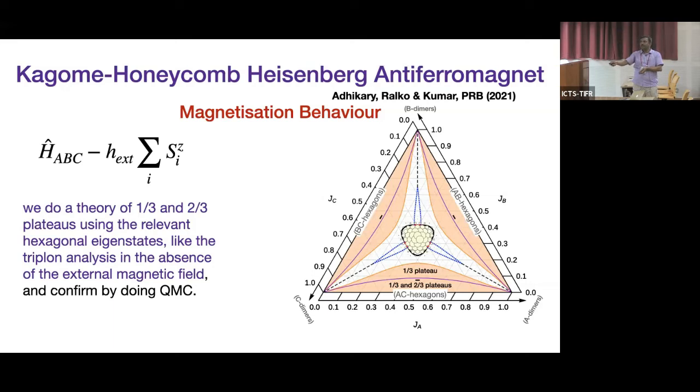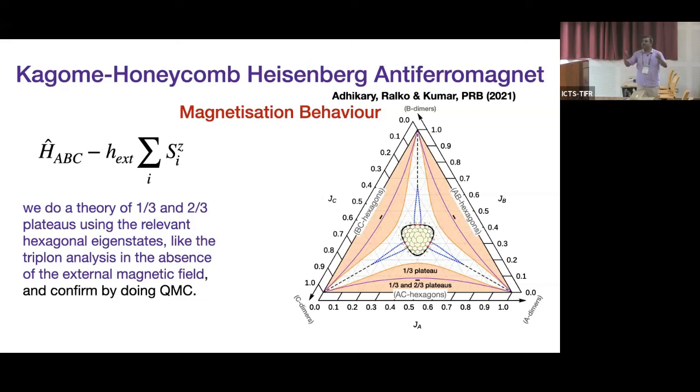If it lies in the white region, it would not exhibit a 1/3 plateau. And this purple line says that within this orange region, if your sample lies between the baseline and the purple line, then it would also exhibit a 2/3 plateau. And between the orange line and the purple line, it would only exhibit a 1/3 plateau.